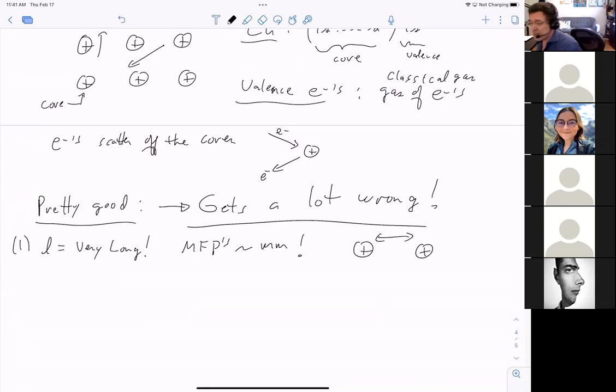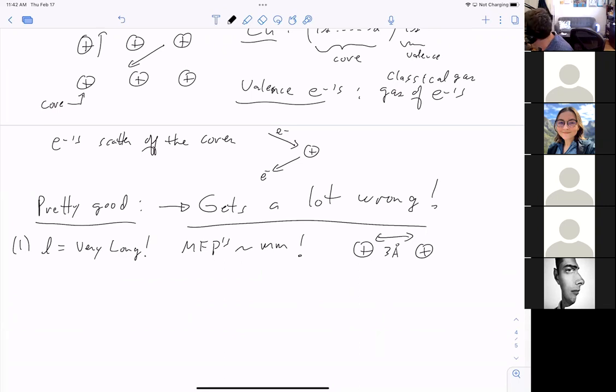Can anyone tell me what the distance between the ion cores in a crystal is? About 3 angstroms, that's a good number. Sometimes it could be 1.5, 2, 3.5, whatever, but it's around 3. So the interatomic spacing in a crystal is on the order of 3 angstroms.